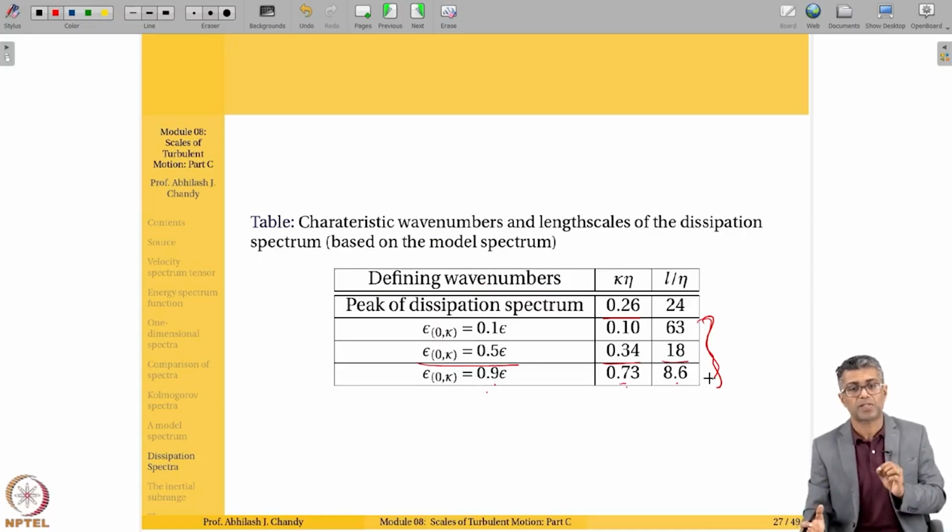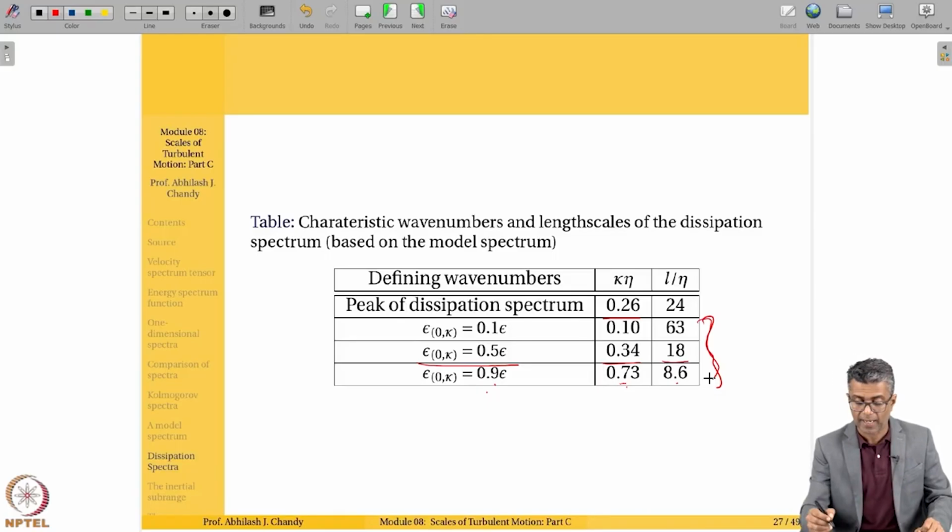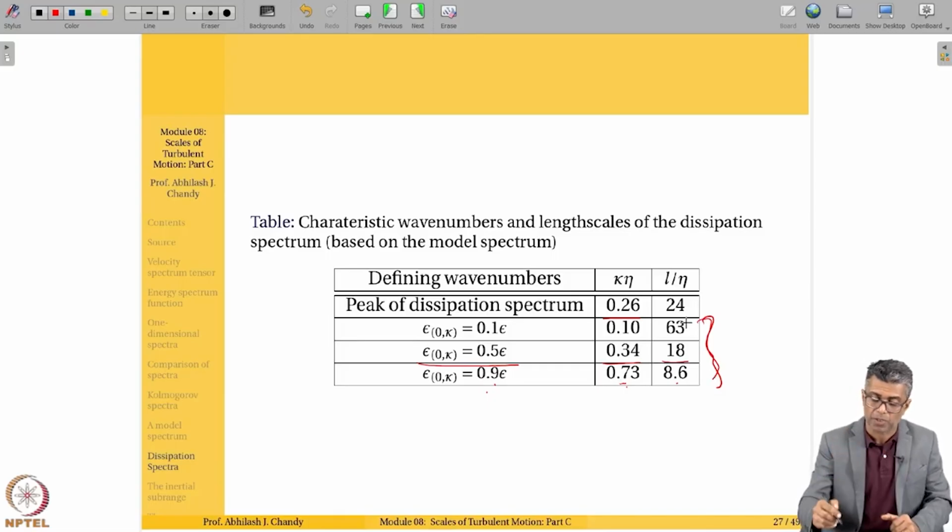So that is where the 60 comes from. L_DI equals 60 eta comes from the fact that the bulk of the dissipation is contained after this length scale, meaning at scales smaller than that length scale.